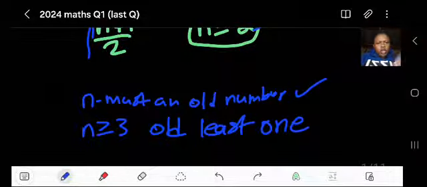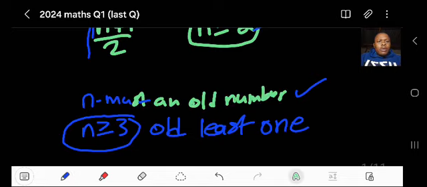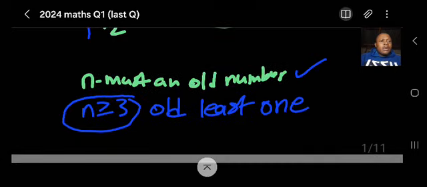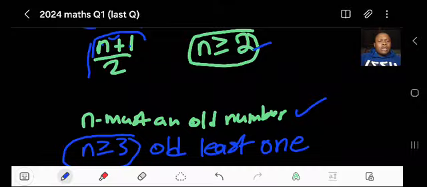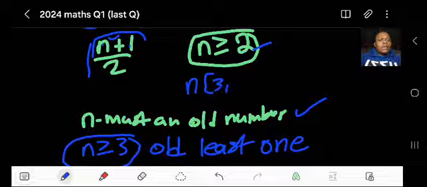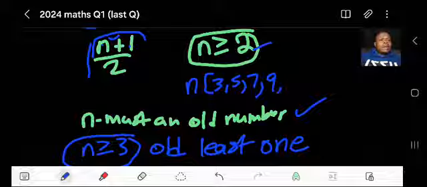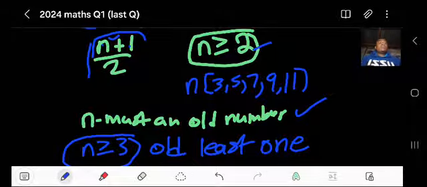Then I show n greater than, and I'm talking about the odd numbers, because I've indicated that this must be an odd number. The examiner will understand that n will be values like 3, 5, 7, 9, 11, and it continues like that.